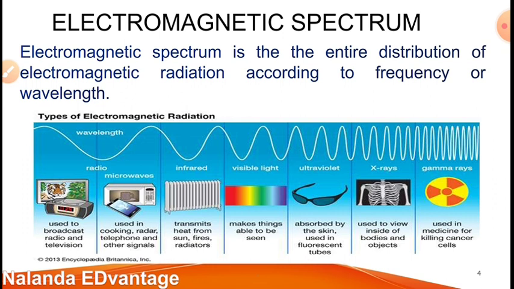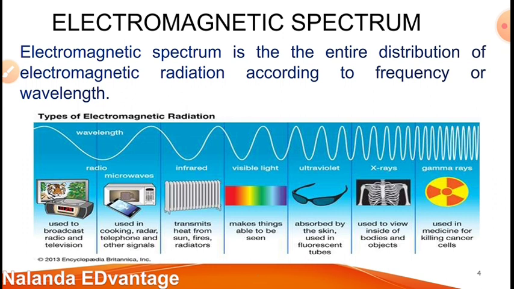From radio waves to gamma rays, the wavelength is decreasing, but the frequency and energy are higher. That means radio waves are longer in wavelength but lesser in energy and frequency, whereas gamma rays have lower wavelength but very high frequency and high energy.